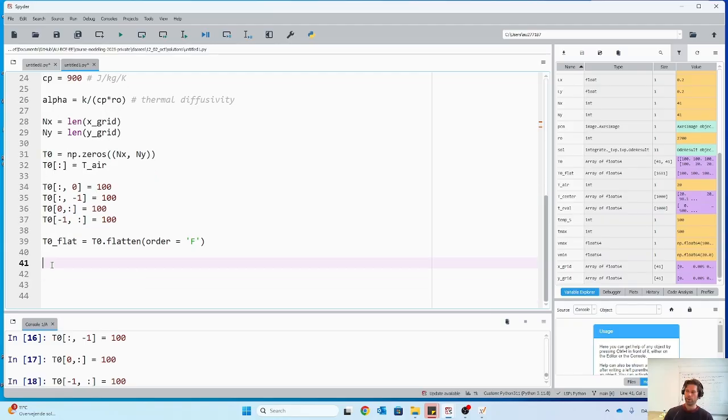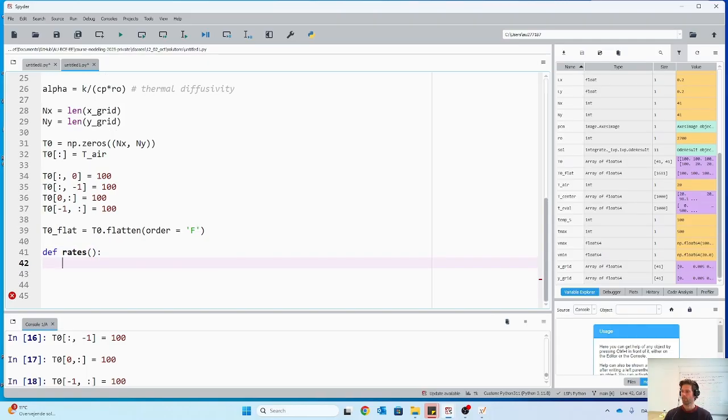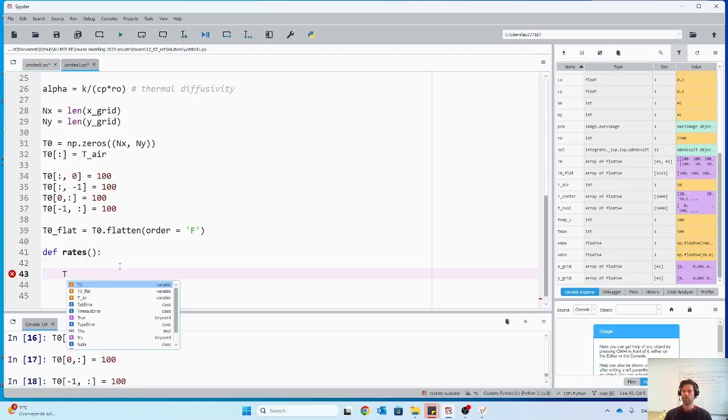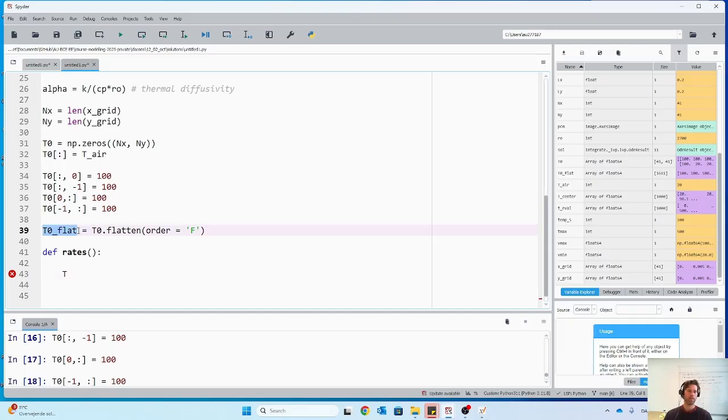Now we are ready to define how the derivatives are calculated during each time step. And this is the rates function. The first thing we will do in our rates function is that solve_ivp will pass this flat 1D array into rates.